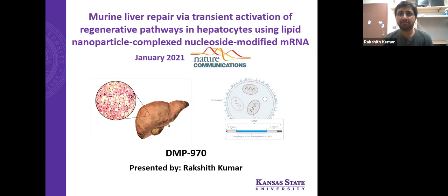Yes, they have not discussed selecting the dose, but I have read a few papers where mRNA-based therapies normally used 10 to 15 micrograms of the mRNA. In the case of vaccines also, they have used that and are getting results, but they have not discussed exactly why they chose the dose.